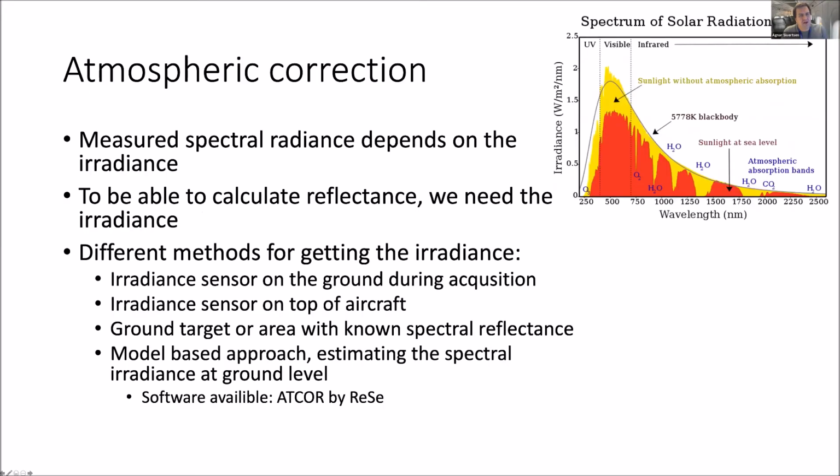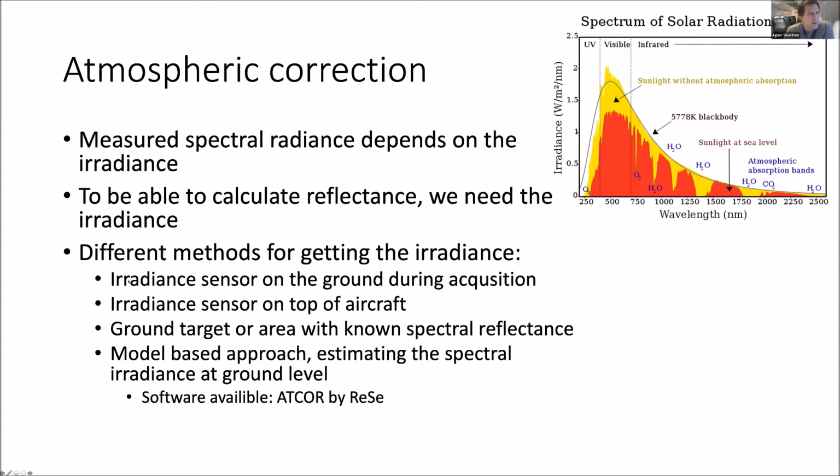So my last slide is on atmospheric correction. The spectral radiance we measure from a surface or an object depends on the irradiance that hits this area. And to be able to convert our radiance measurements to reflectance, we need to know the irradiance. There are different methods for getting the irradiance.